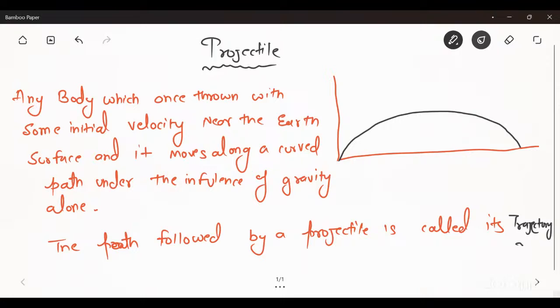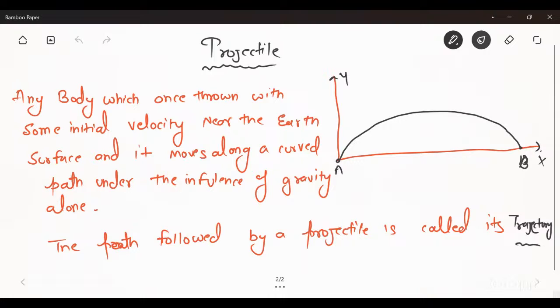The path followed by a projectile is called its trajectory. That went from A to B, so that was its trajectory. This is the case when the projectile is thrown at some angle theta.